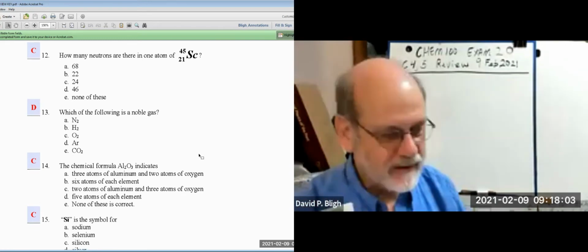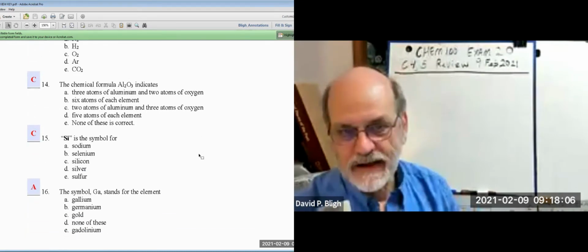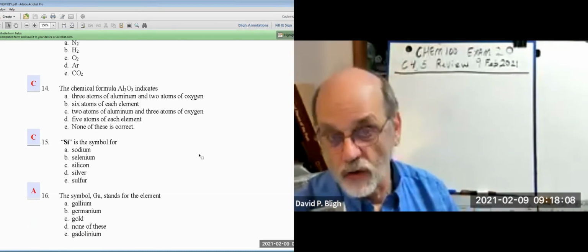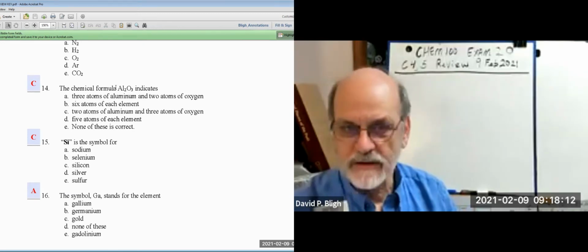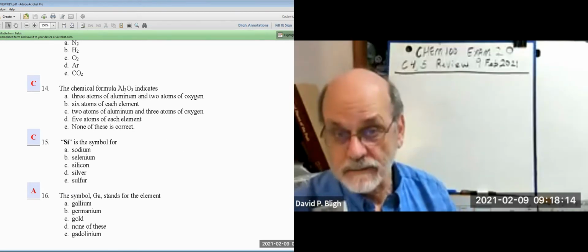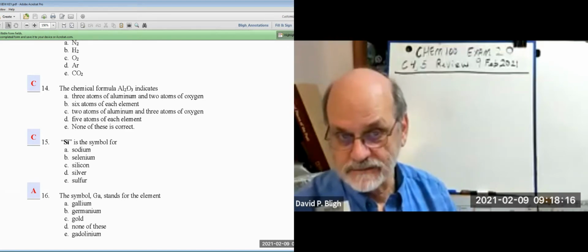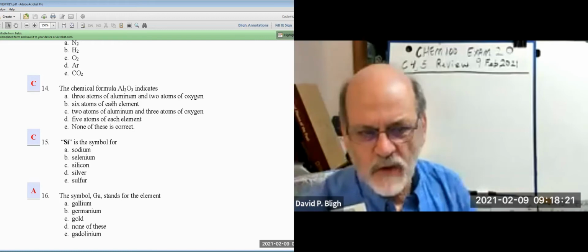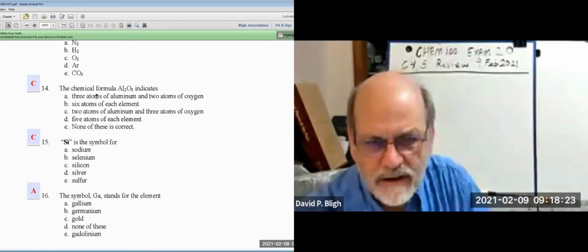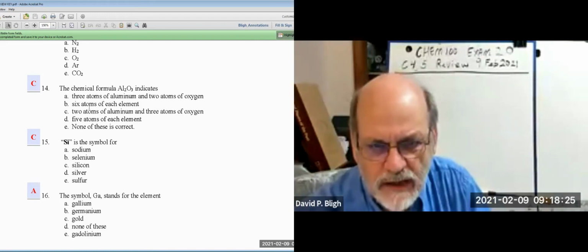Okay, 14. The chemical formula Al2O3 indicates what? Well, first of all, what elements do you have? Al is aluminum, O is oxygen, right? So which one of these satisfies? Let's see what it's asking. Atoms of aluminum and oxygen, it looks like.